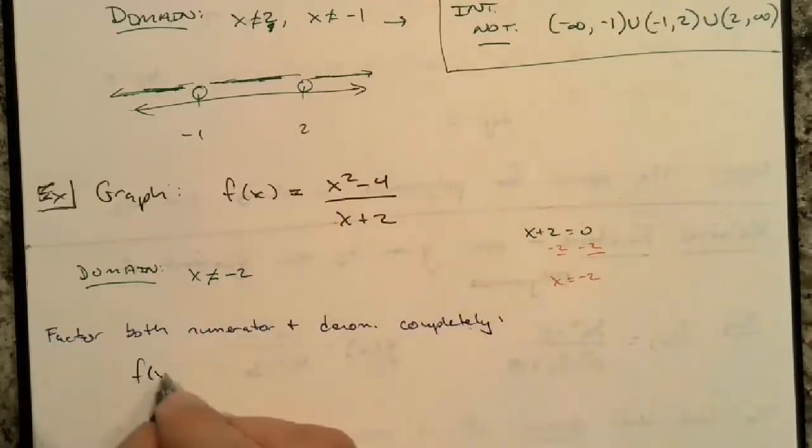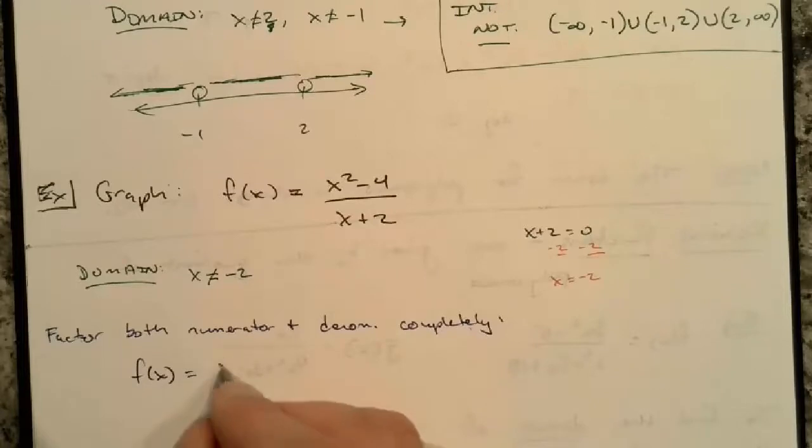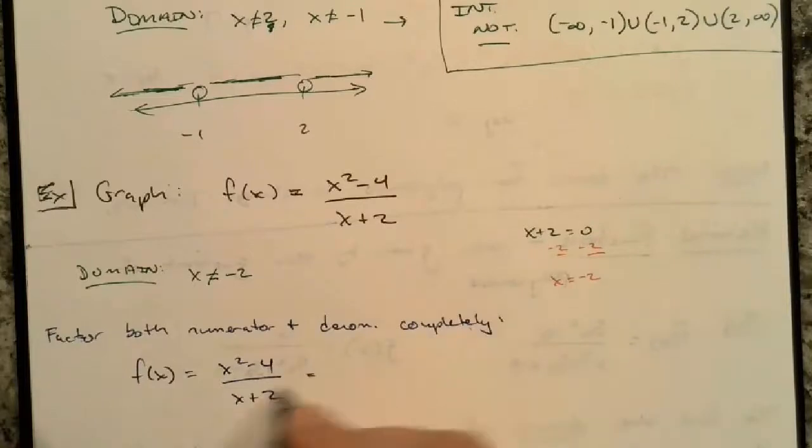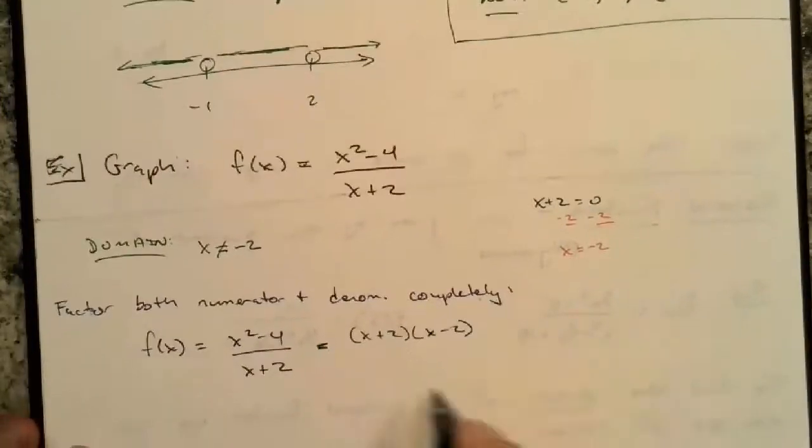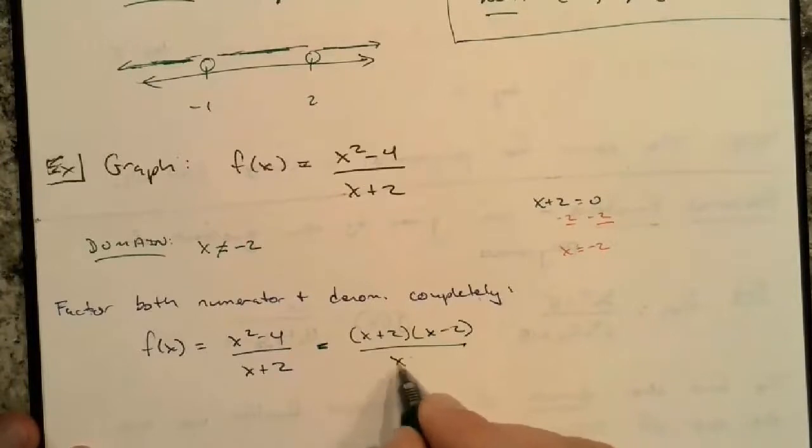I would have f of x equals, we have x squared minus 4 over x plus 2. Factoring this, I know that x squared minus 4 is the difference of perfect squares. That factors to x plus 2 times x minus 2. You got to remember the factoring rules here. Down here, x plus 2 doesn't factor, so let's keep it as x plus 2.